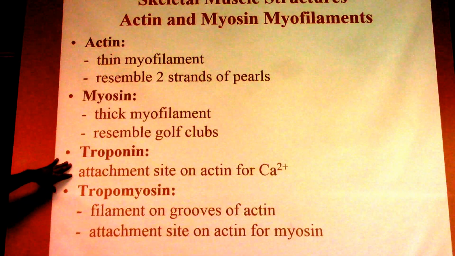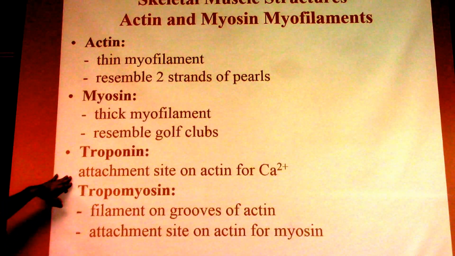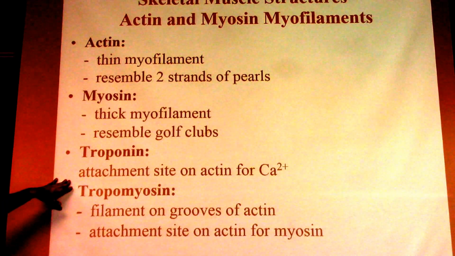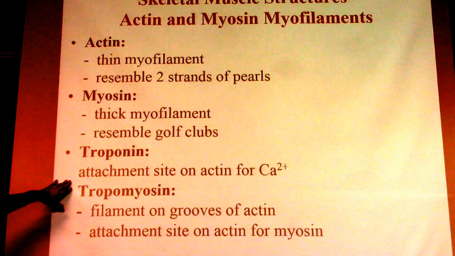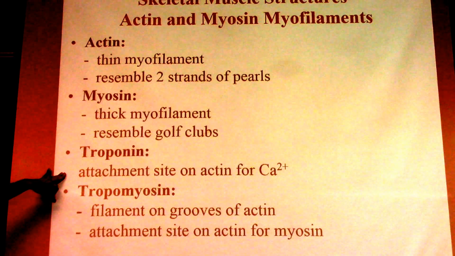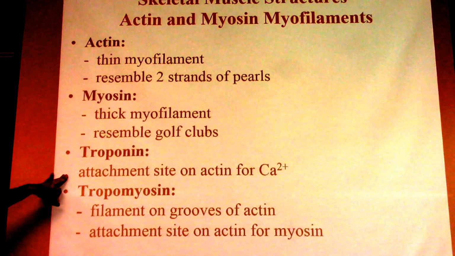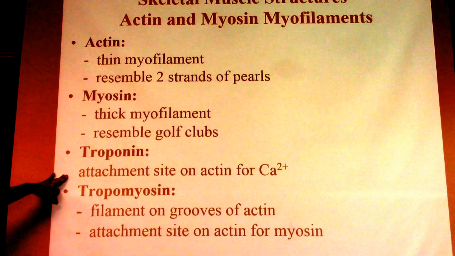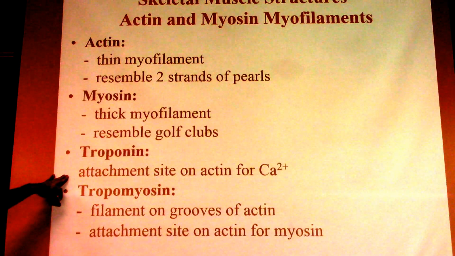Troponin proteins are the sites where calcium attaches. We'll keep on seeing the role of calcium. Calcium is very significant when it comes to muscle contraction. Calcium has many roles, and this is one of the roles that calcium plays in muscle contraction.